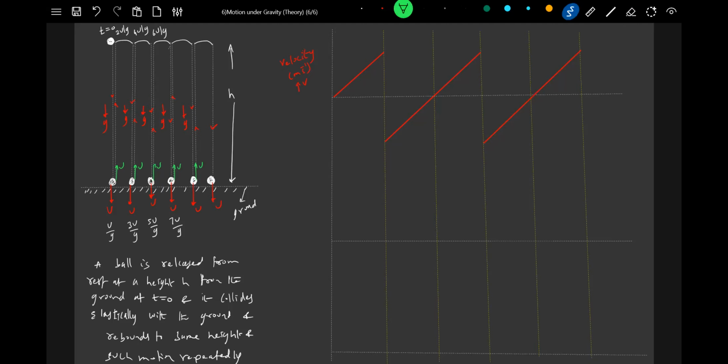This is t equal to 0, u by g, 2u by g, 3u by g, 4u by g, 5u by g. T is in seconds. It will go and strike the ground with a speed u, then immediately rebound. I release from rest, and by the time it reaches the ground, it will strike with a speed u.